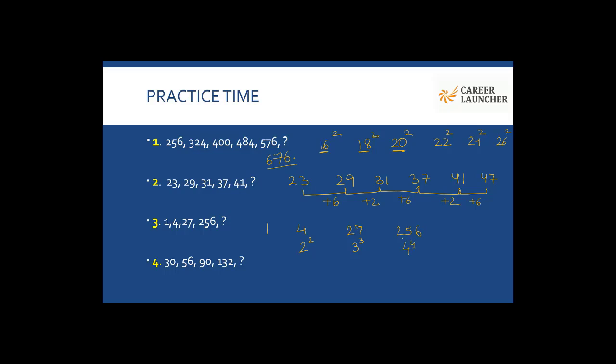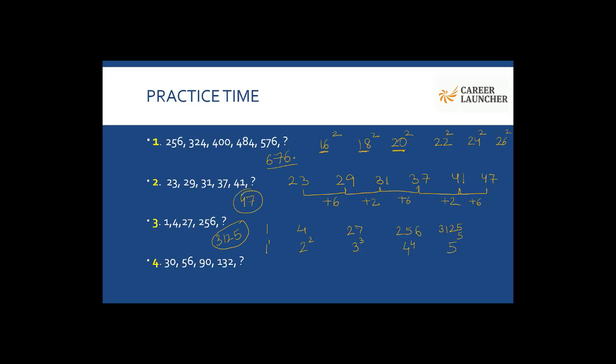So if I generalize it like this, my next term should be 5 to the power 5. Now what exactly is 5 to the power 5? It is 3125. So my answer here would be 3125. So this was again a series involving squares and cubes.